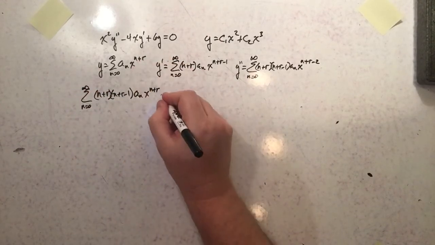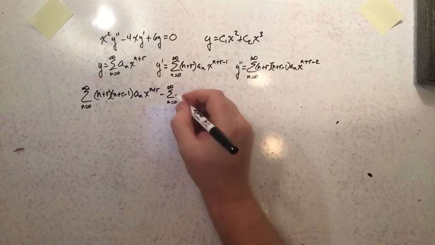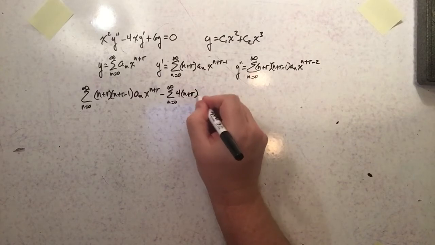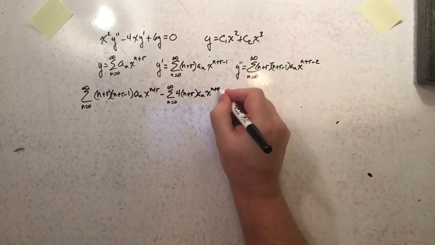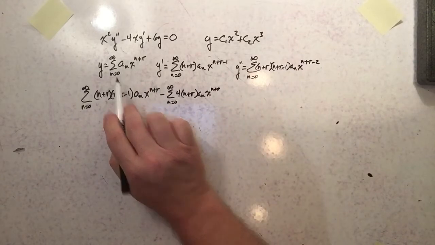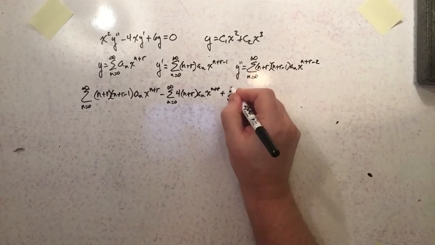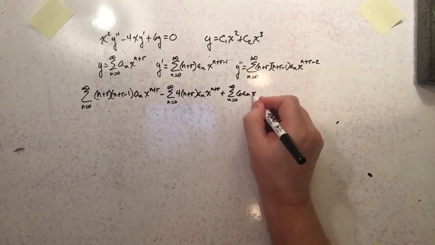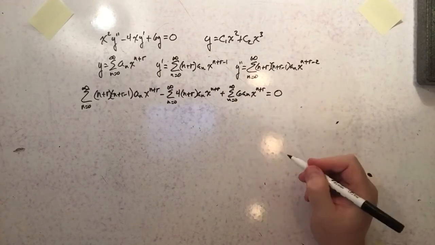And moving along, minus summation n equals 0 to infinity of 4 times n plus r a n x to the n plus r. And then finally 6 times that. So plus summation n equals 0 to infinity of 6 a n x to the n plus r. And that all equals 0.